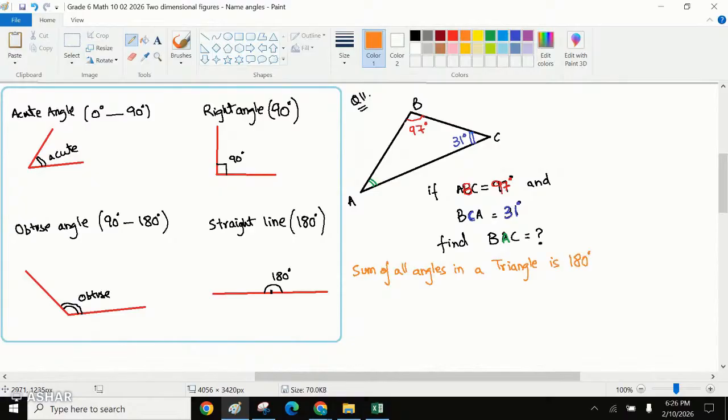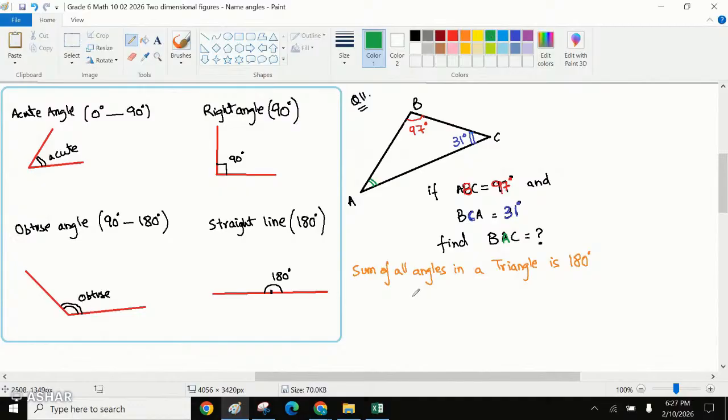This was the logic. If we can remember this statement for any given triangle, then we can always solve the question, right?